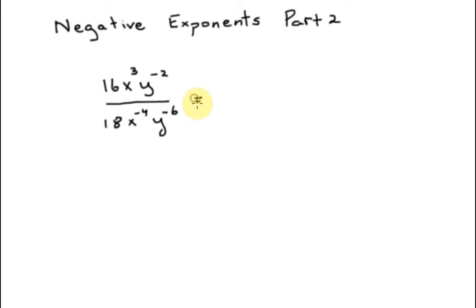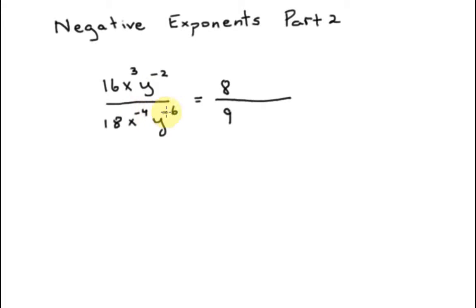So how do we do it? Well, first things first, if you just look at the 16 over 18, that's just taking two numbers in a fraction and reducing them to lowest terms. Well, 16 and 18 both divide by 2, so I could just reduce that to 8 over 9. So that has nothing to do with the rest of this mess.